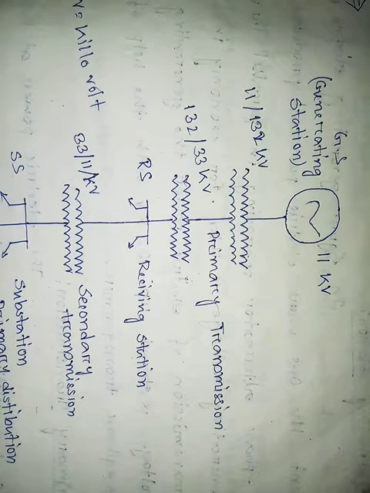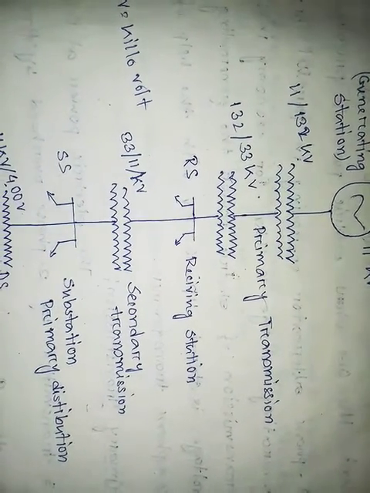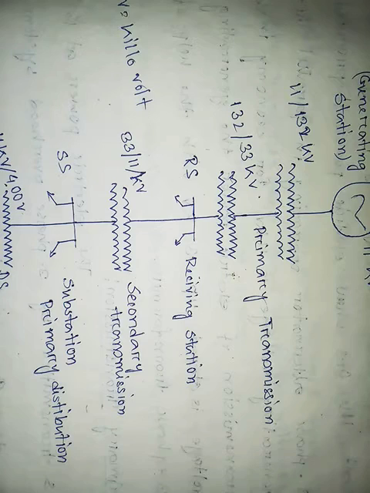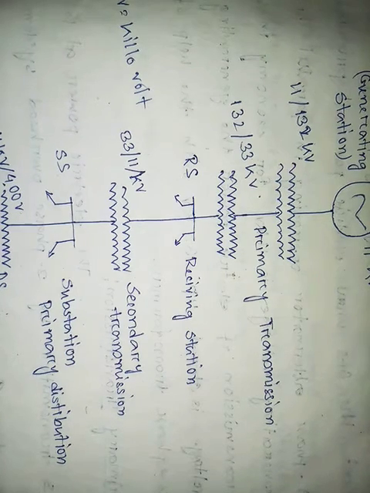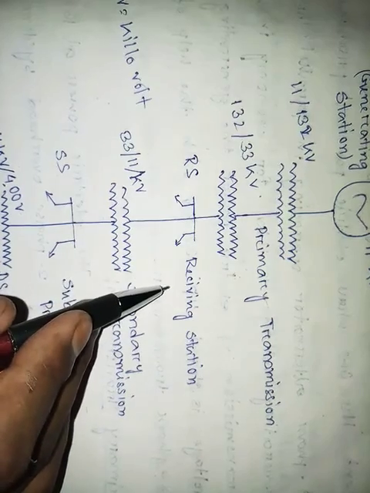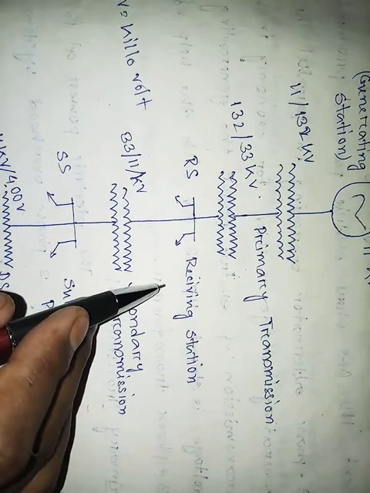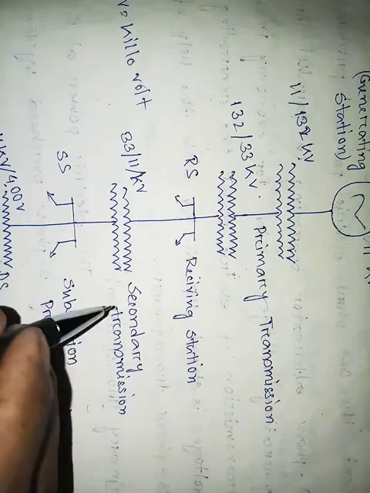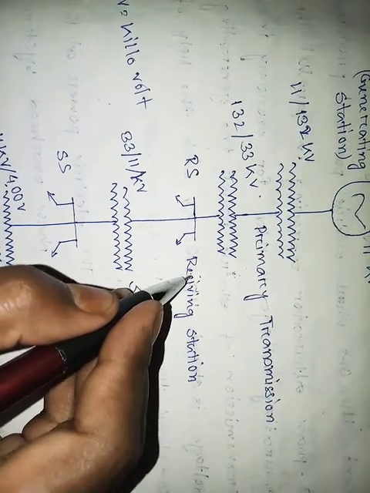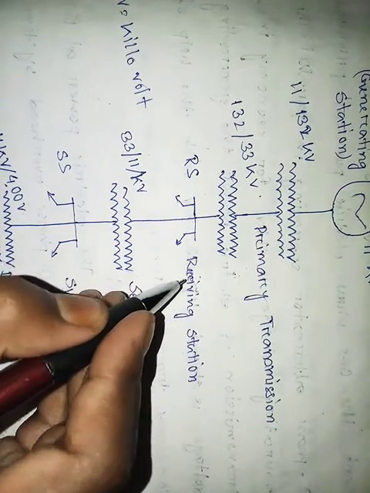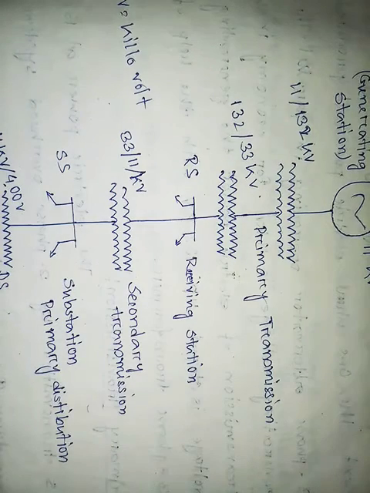Now coming to the next part, that is secondary transmission. In secondary transmission, they will receive the power at a grid station. Here we put C, the receiving station.